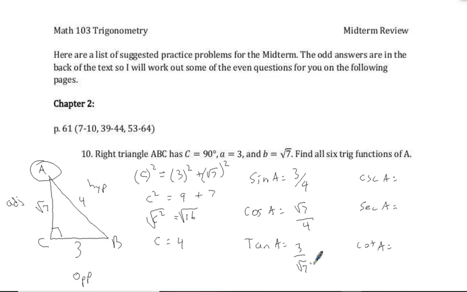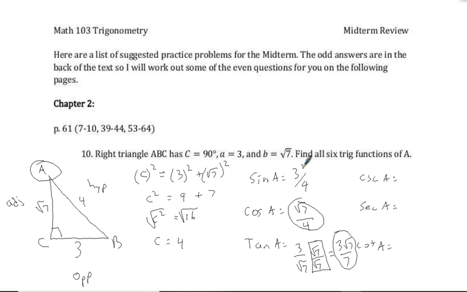A radical in the denominator is just bad practice in mathematics, so we rationalize by multiplying by the square root of 7 over the square root of 7, which equals 1. So we're not changing the value of the expression, just its appearance. And 3 square roots of 7 over 7 is the better answer here for tangent.